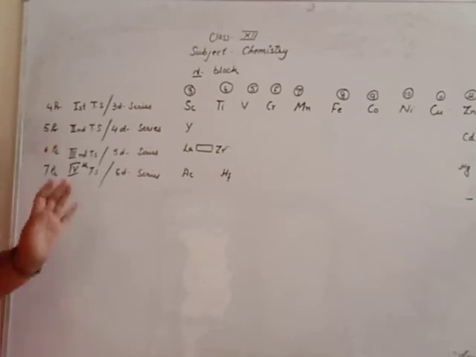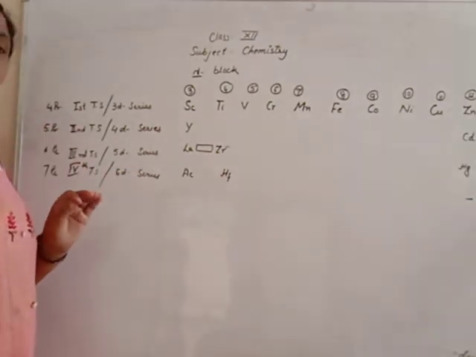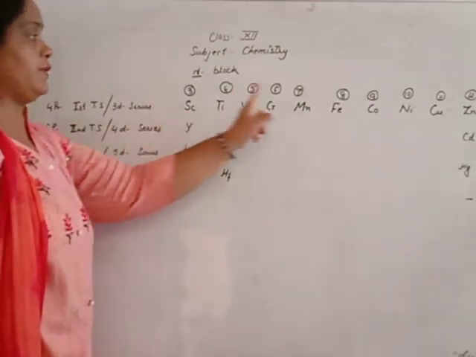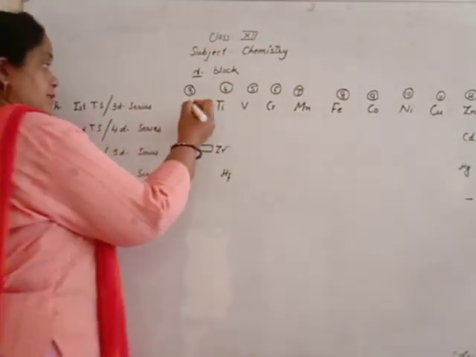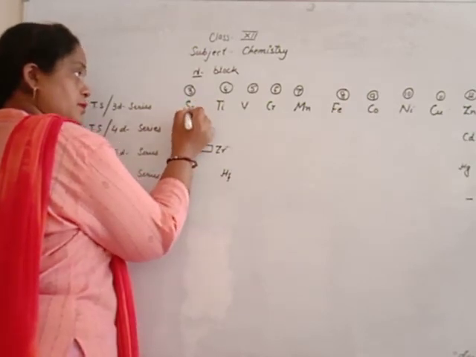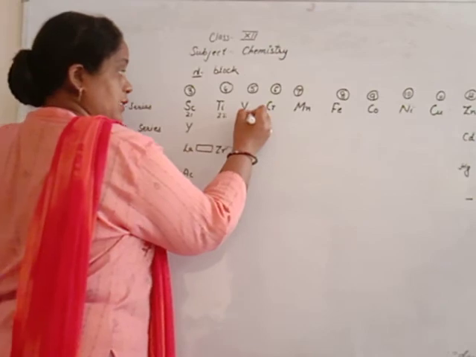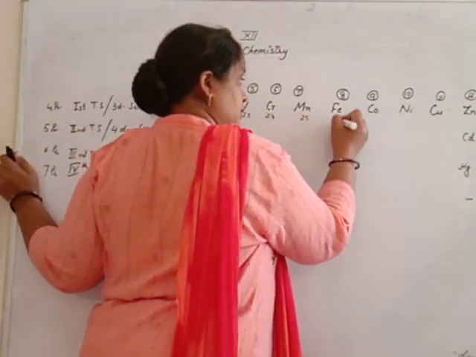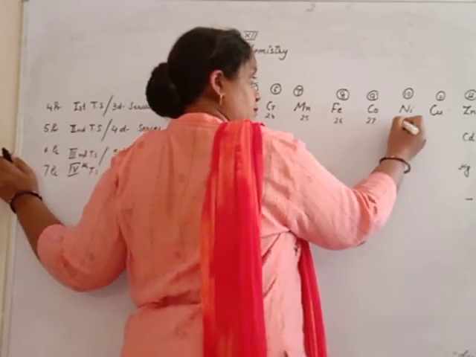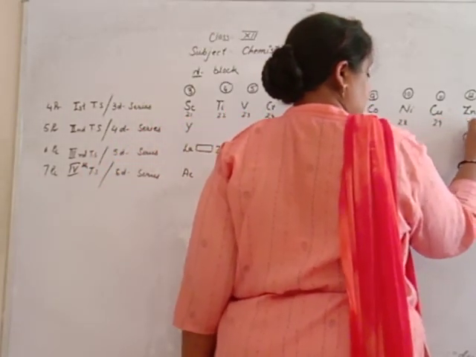Beta, you only learn the atomic numbers of the first transition series. It is necessary for you. The atomic number of scandium is 21, then 22, 23, 24, 25, 26, 27, 28, 29 and 30.